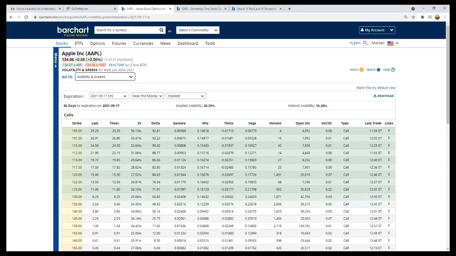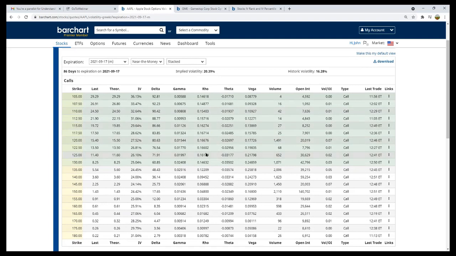Okay, again, we can see that out of the money or in the money, compared to at the money, our gammas are less, our thetas are less, and our vegas are less on both sides of the spectrum.